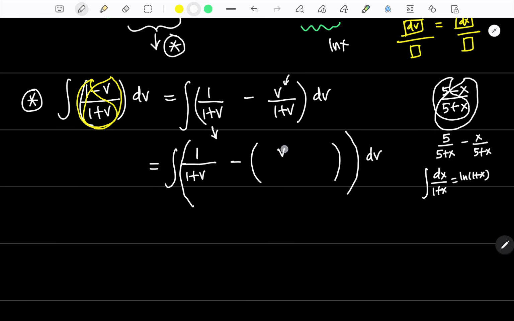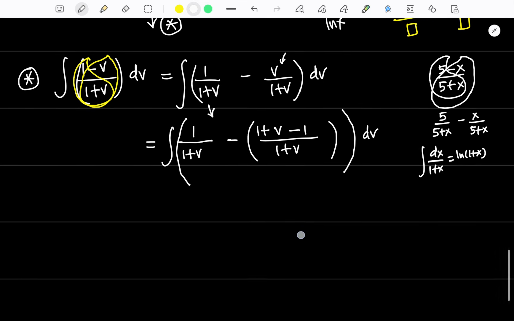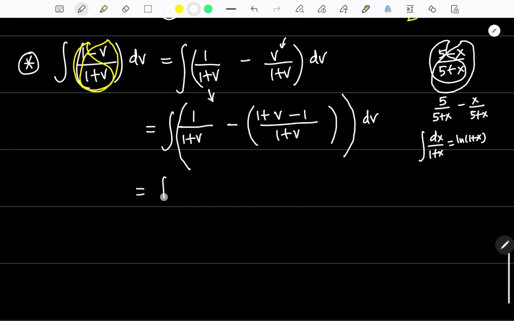I'll do a small adjustment. What is the adjustment? v divided by 1 plus v, right? I'm adding plus 1, I'm subtracting minus 1, so that the value is not changed, not altered, right? So this equals the integral of 1 divided by 1 plus v, minus, there is a bracket.